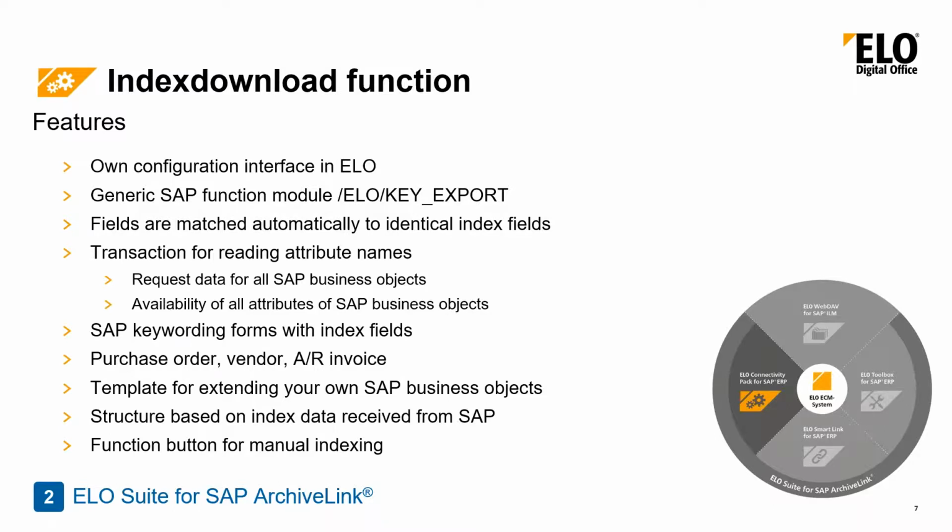What it does is looking at all the provided interfaces that provide information about the specific object, but this can still be extended if you have special needs. For example, getting data that is not provided by the SAP interface, there's still options to have customer-specific programming to extend the set of fields that is returned from SAP into ELO.